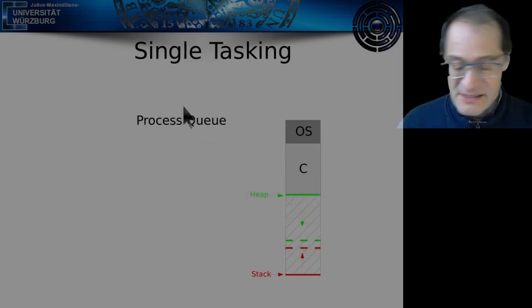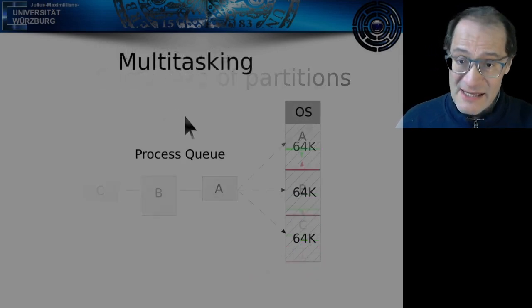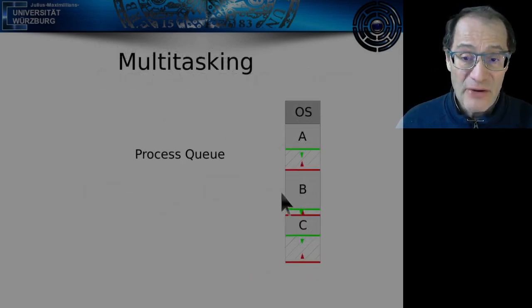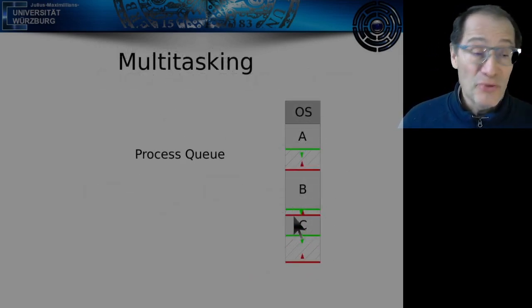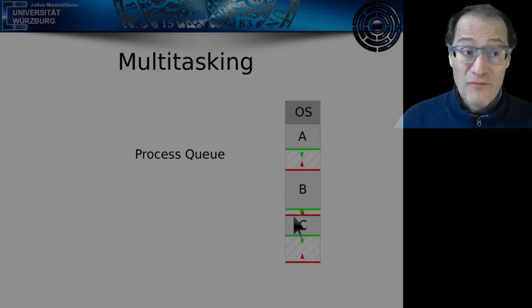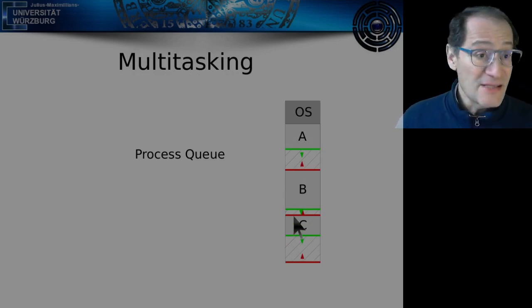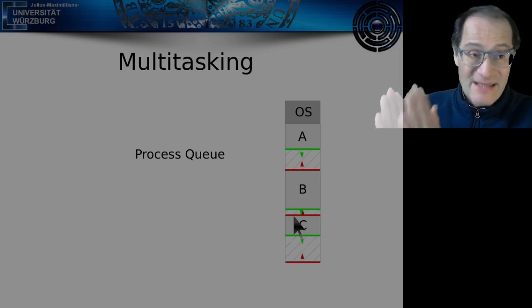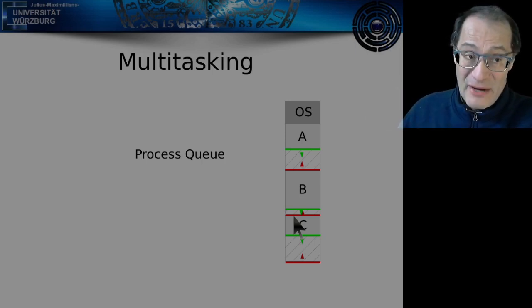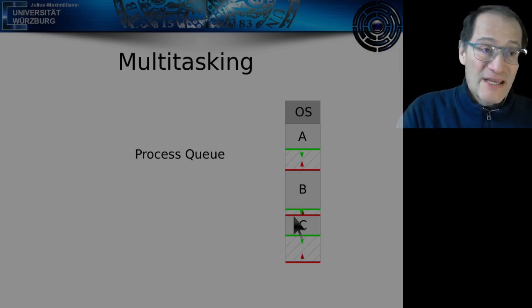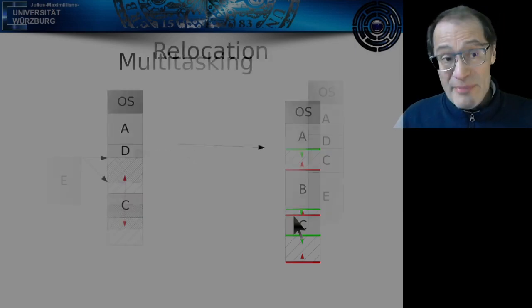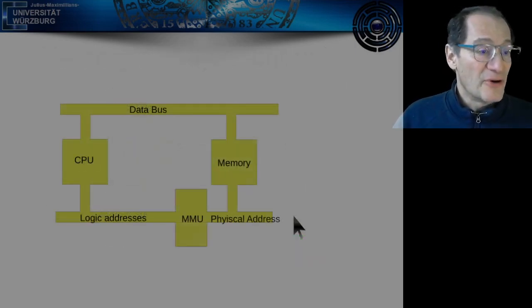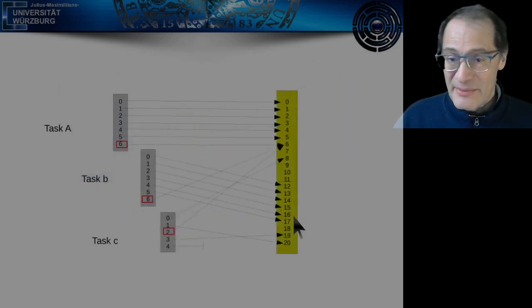That is single tasking. If we have multitasking, then all of them are allocated and they shall be executed almost at the same time. Of course, we have only one CPU in this case, so we have to assign the CPU to task A for a while, then to B, and then to C, and then back to A. Maybe according to priorities, but we are going to come to this a little bit later.